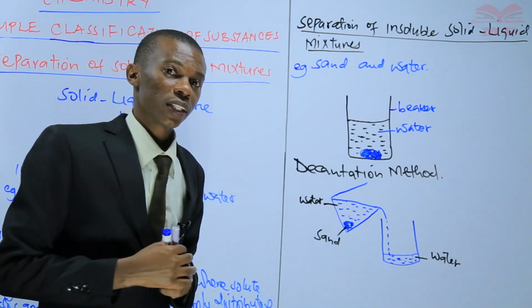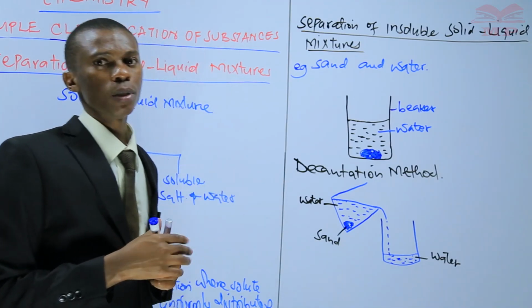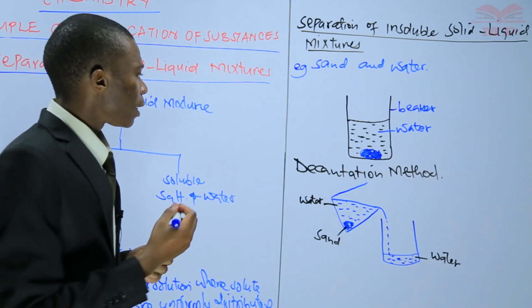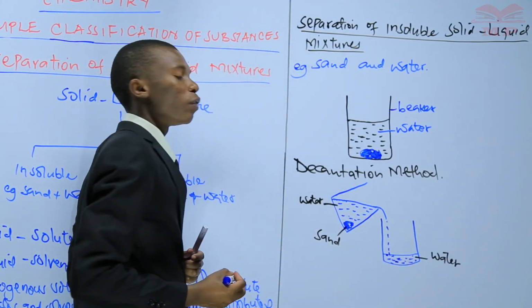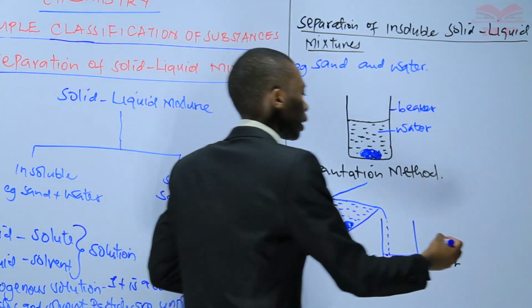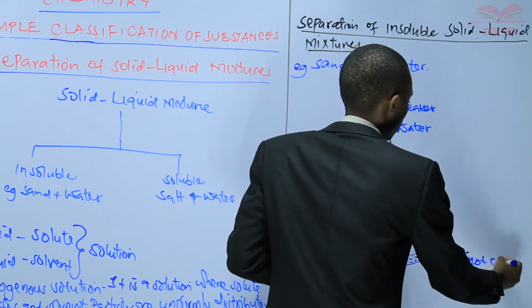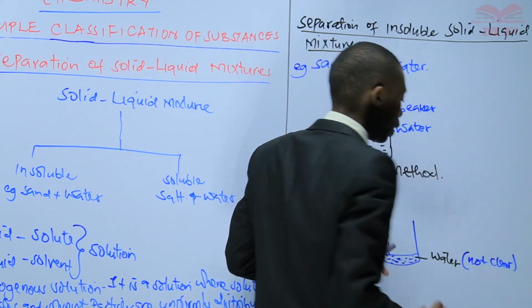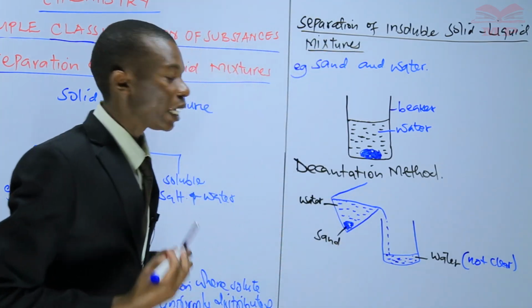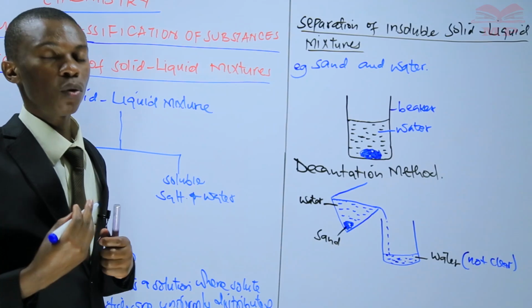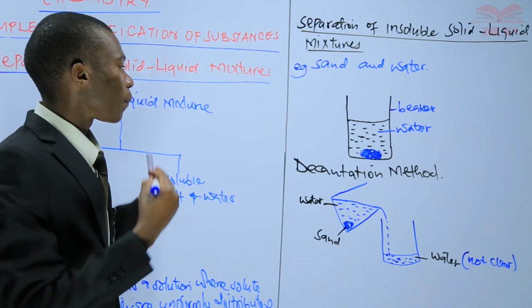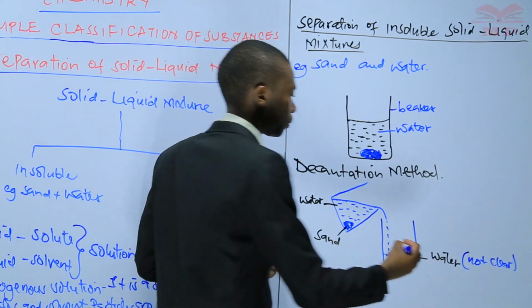So this method is not very effective because the water you collect in the second beaker is not very clear. It is not clear because it contains some sand particles.